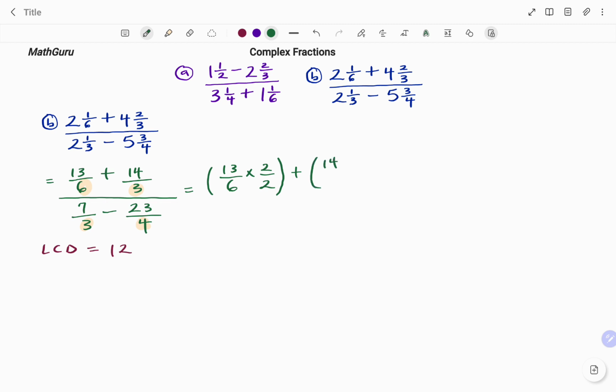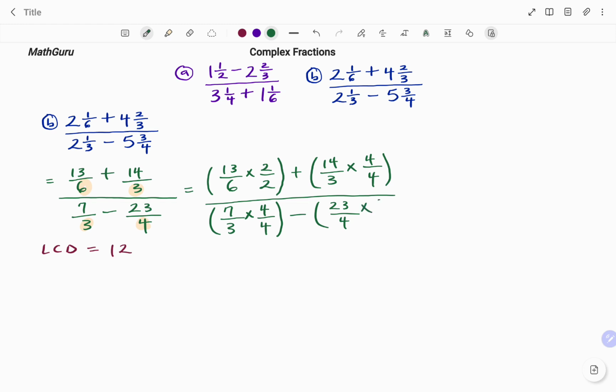Then I have 14 over 3. To make 3 into 12, that's multiplying it by 4. I'll do the same at the bottom. That's 7 over 3 times, to make 3 into 12, I'm multiplying by 4, like I did at the top, minus. Then I have 23 over 4, to make 4 into 12, I'm multiplying by 3.